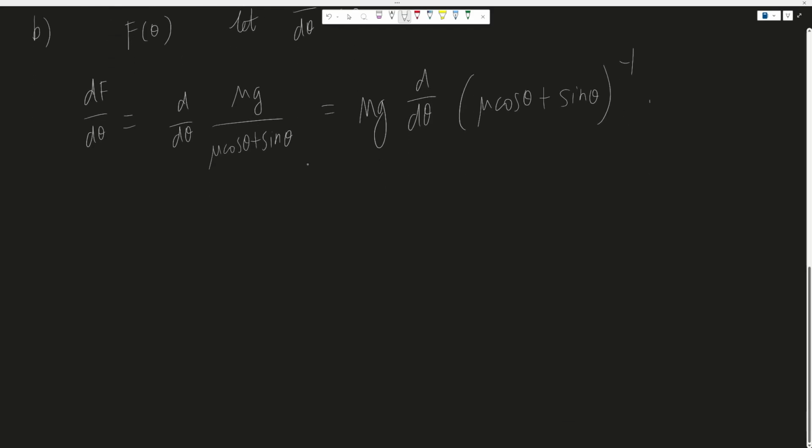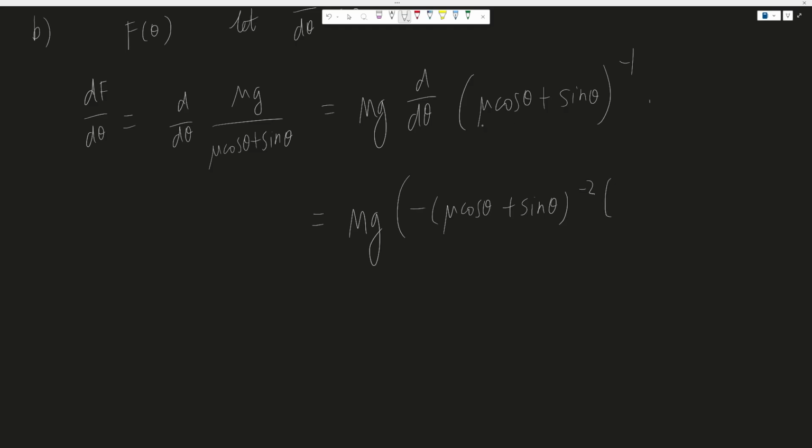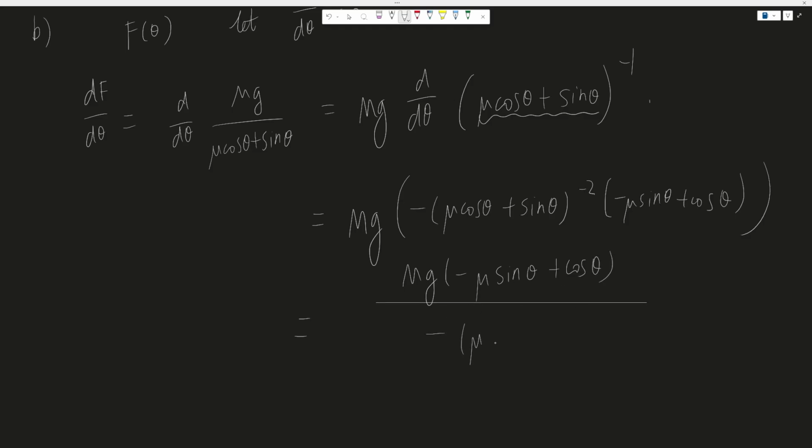And to find this derivative, we can do mg negative mu cosine theta plus sine theta to the power of negative 2. And now don't forget chain rule. So we need to find the derivative of this, which is negative mu sine theta plus cosine theta. And so now our expression becomes mg times negative mu sine theta plus cosine theta over mu cosine theta plus sine theta squared.